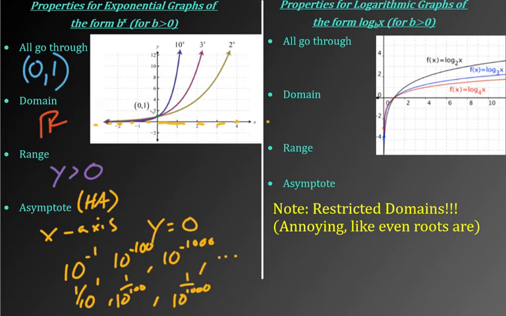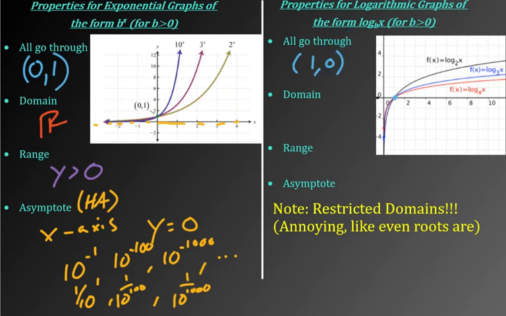Because of that nice inverse relationship, you get a lot of these if you just understand how inverses work. So inverses reverse the direction of this kind of stuff. So instead of all of them going through 0, 1, all of them should go through 1, 0, which they do right there. And that's just because the outputs here become the inputs here, and the inputs here become the outputs here, right?